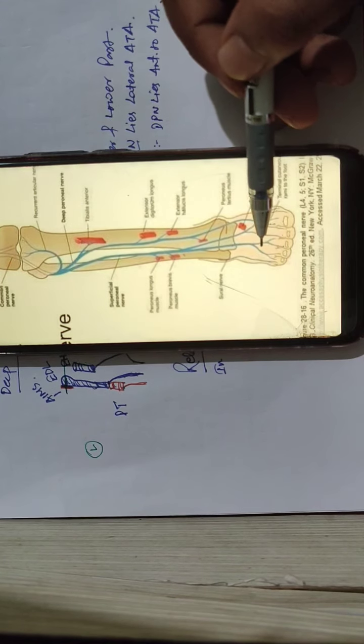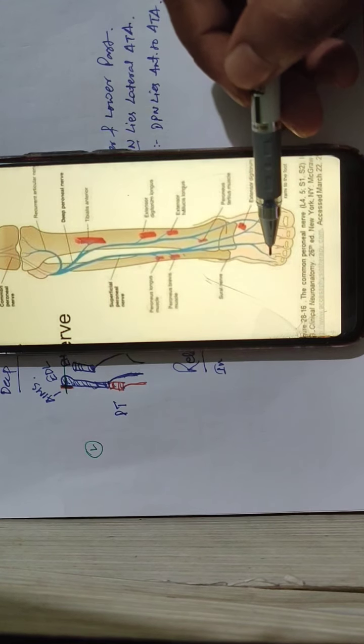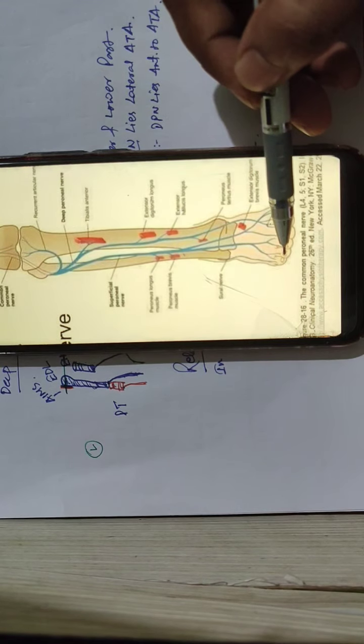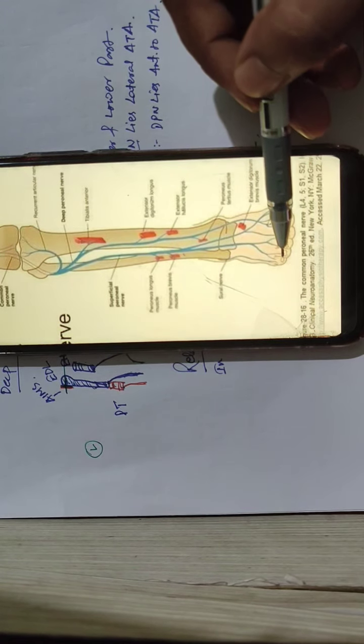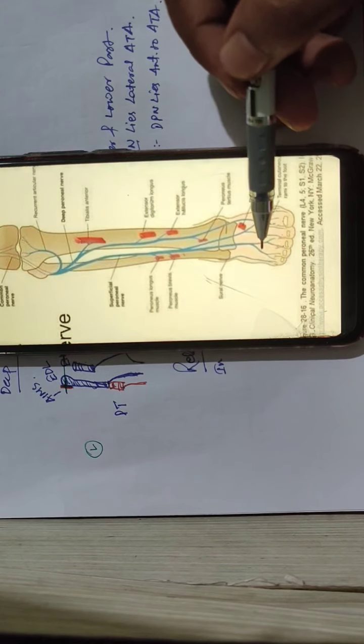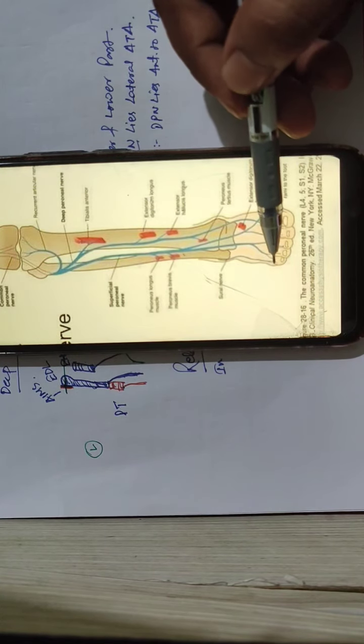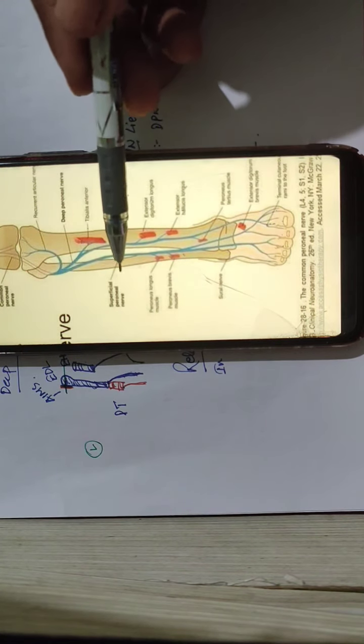And the second dorsal digital nerve of the lateral terminal branch supplies the adjoining side of the fourth and fifth toe. And the lateral side of the fifth toe is supplied by the sural nerve. So these are the course of the superficial peroneal nerve.